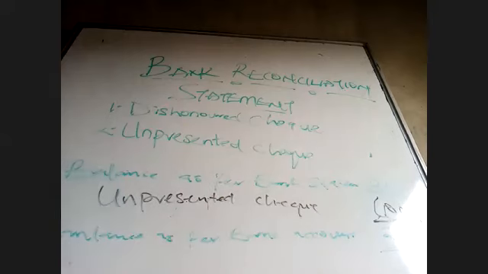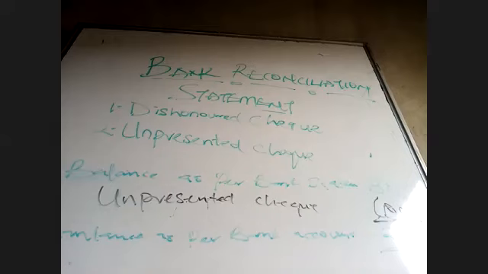So note, there are instances where you can add unpresented check, and there are instances where you can deduct unpresented check. Depends on the circumstances. What balance are you trying to reconcile? Please don't get this clumsy. Like I always say, this class is just to make it easy for you, so by the time you're going through your study text alone, it will give you more in-depth knowledge about how this whole thing goes.